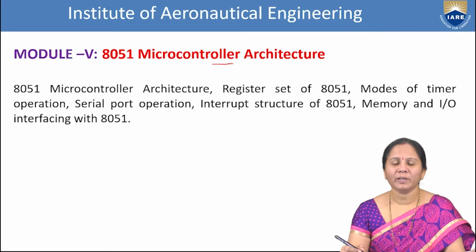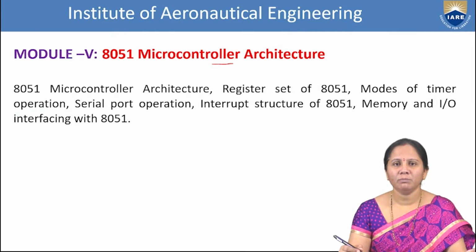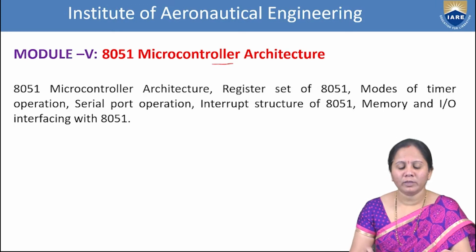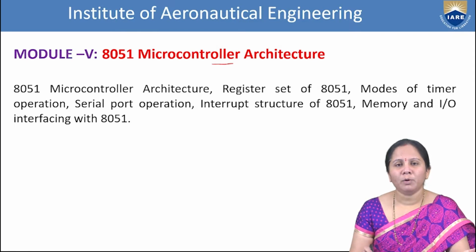We also saw how to choose a microcontroller for an application, what criteria to consider before selecting one, and the advantages of using a microcontroller instead of a microprocessor. Then we discussed the 8051 microcontroller in detail.